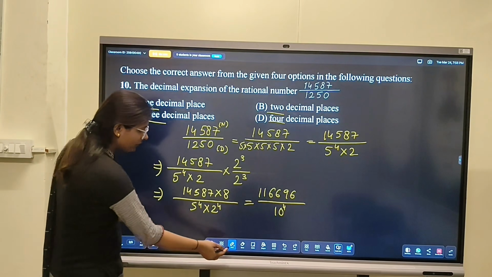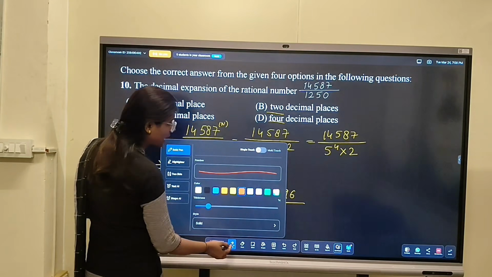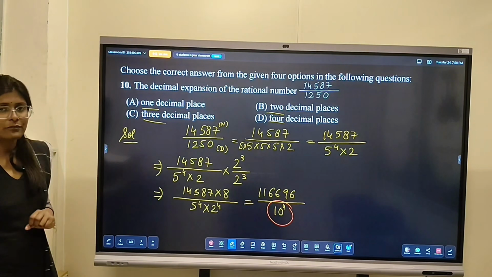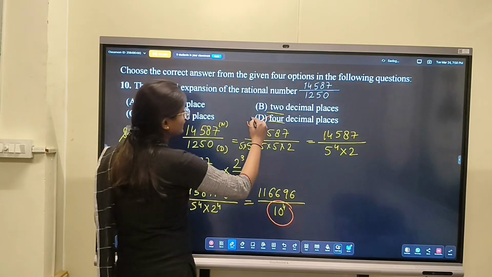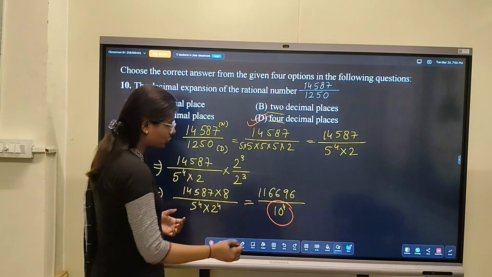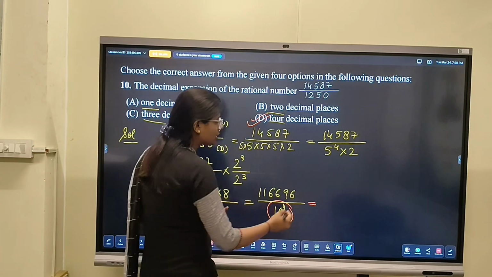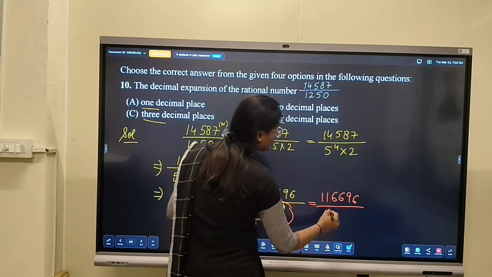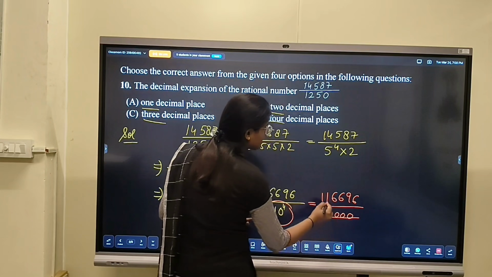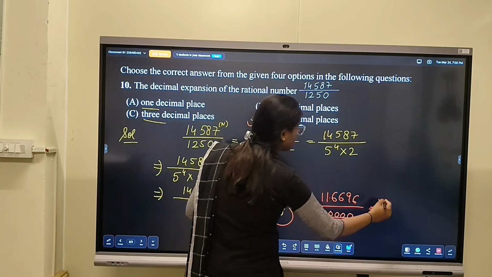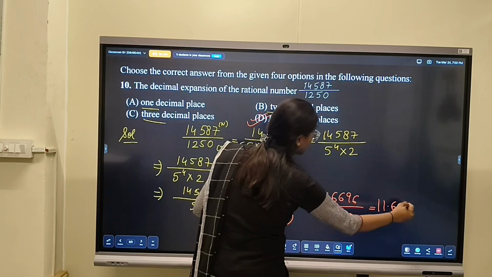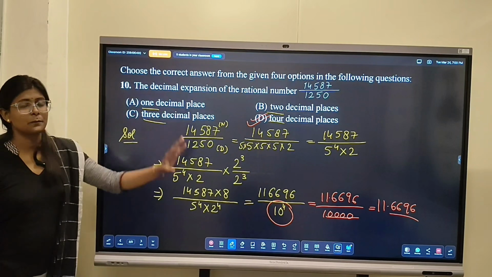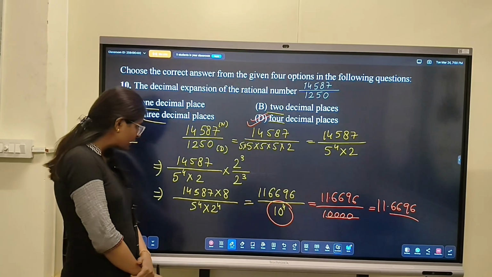Simply, by observing the denominator, since we have 4 tens, there are 4 powers of 10, so the answer would be 4 decimal places. But still, if you want to calculate, you can make it 116,696 divided by 1, 2, 3, 4 zeros, cut it and put the decimal here. You will get 11.6696 as your answer, and there are 4 decimal places in this decimal expansion of the rational number.